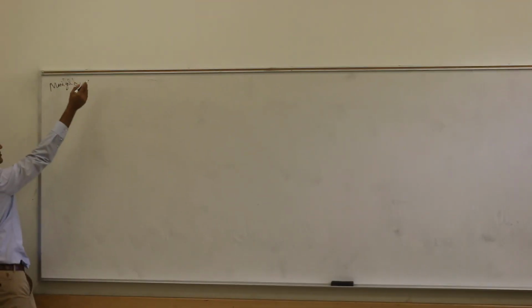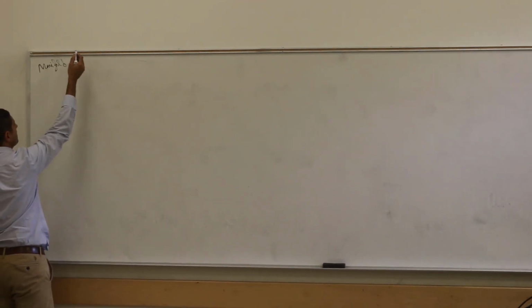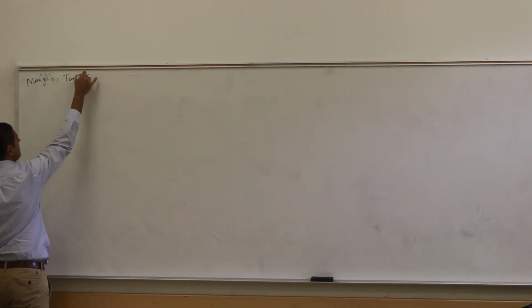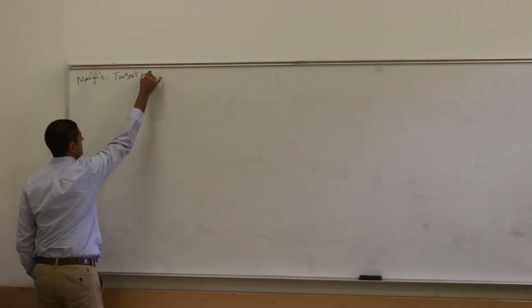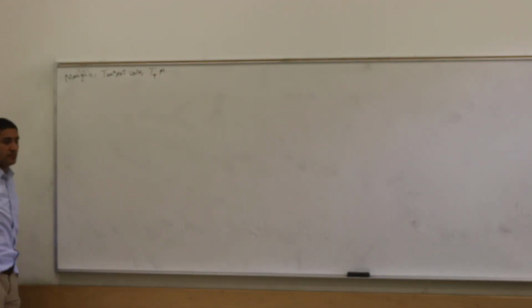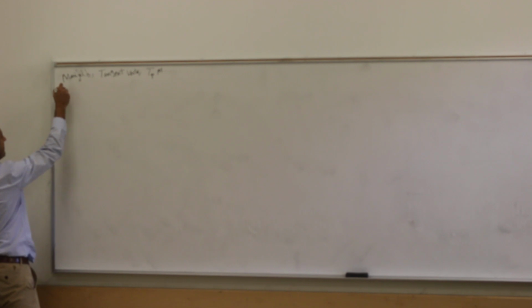Let me try to see what we had so far. So this is what we learned. What we knew: what is a manifold, like some language, a manifold, what else? Tangent vector, right? What is a tangent space, TpM? What is a vector field?